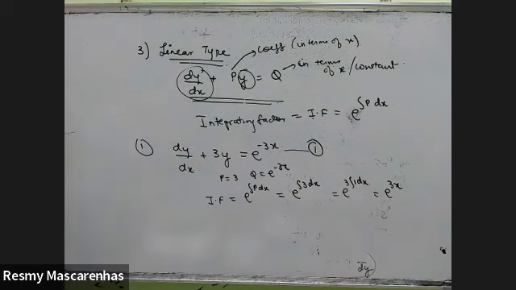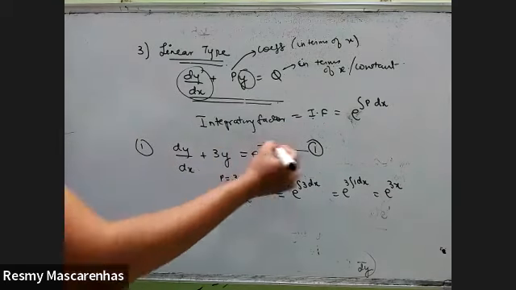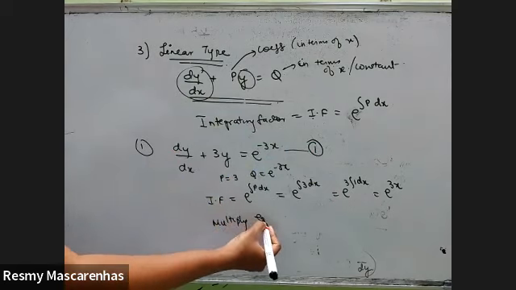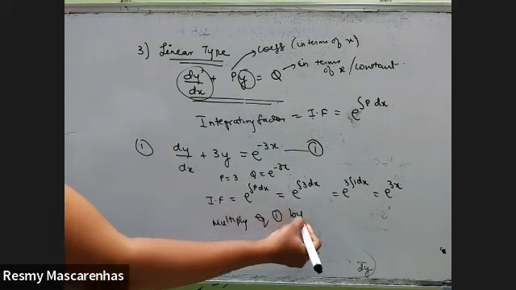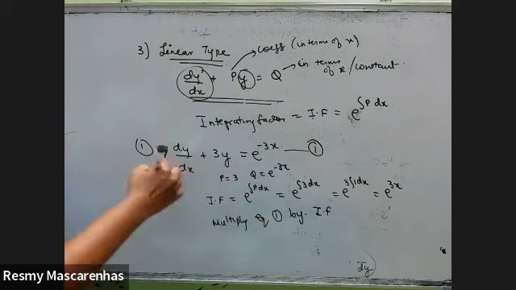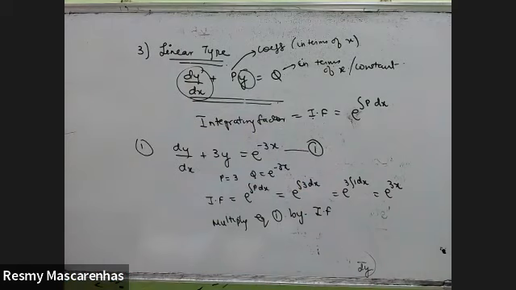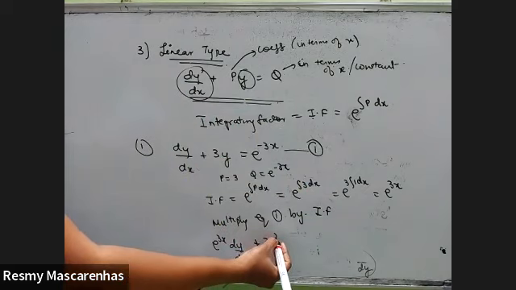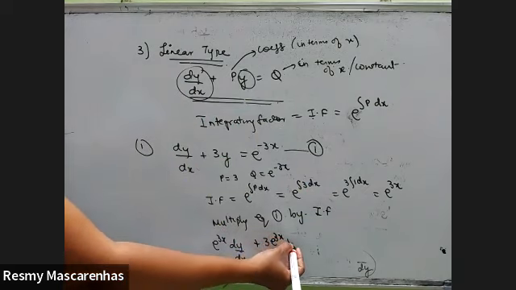Okay. Next step is to multiply equation 1 by the integrating factor. The whole equation you have to multiply by this integrating factor. So what you're going to get is e raised to 3x dy by dx plus 3 e raised to 3x into y.